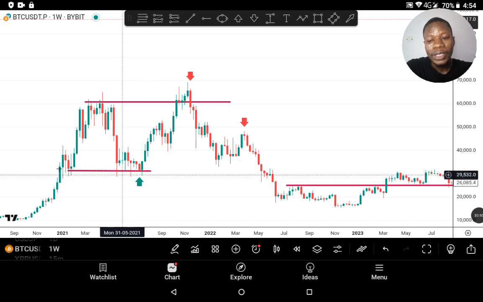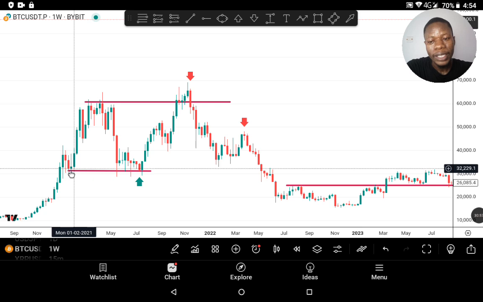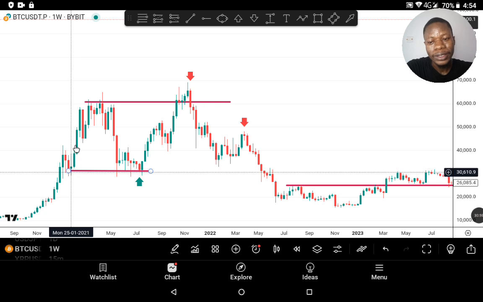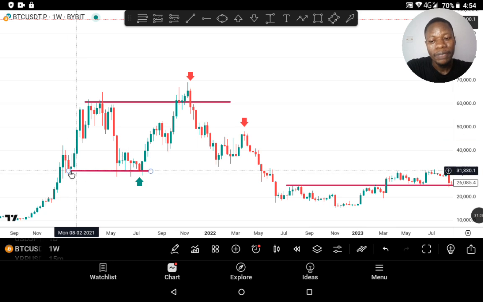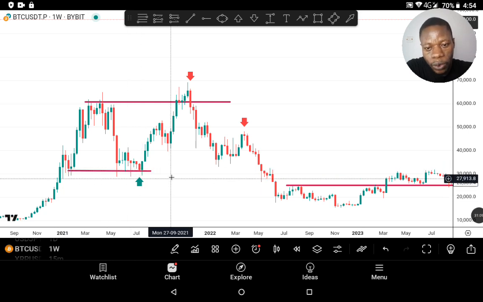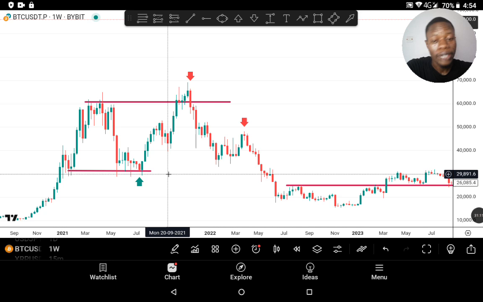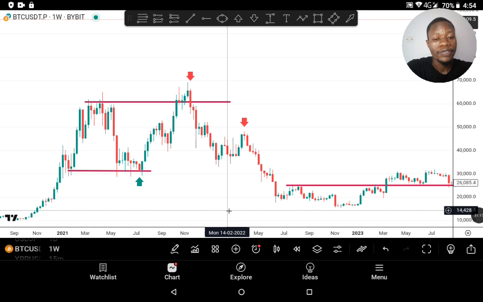So now there's a minor structure here, and you can see a small pullback. Because of this small pullback, the market, boom, started moving up. So we have this minor support here. When you draw this level, you can see that it also connects with the psychological level. I made mention of the psychological level in the last video on market structure.